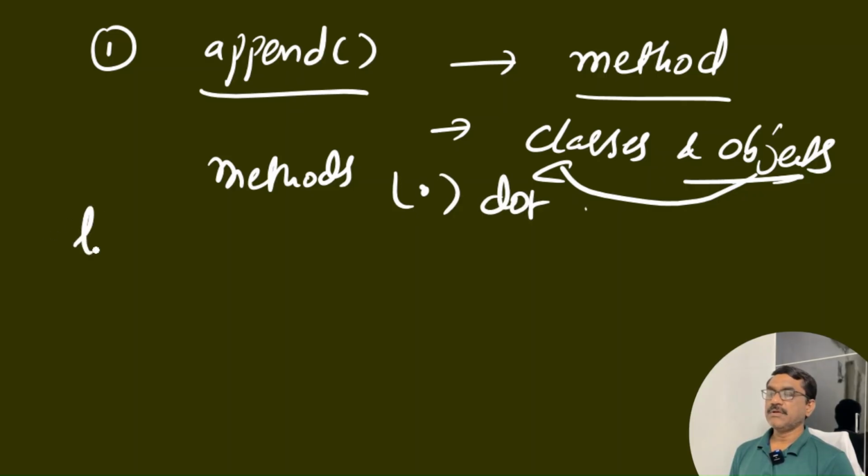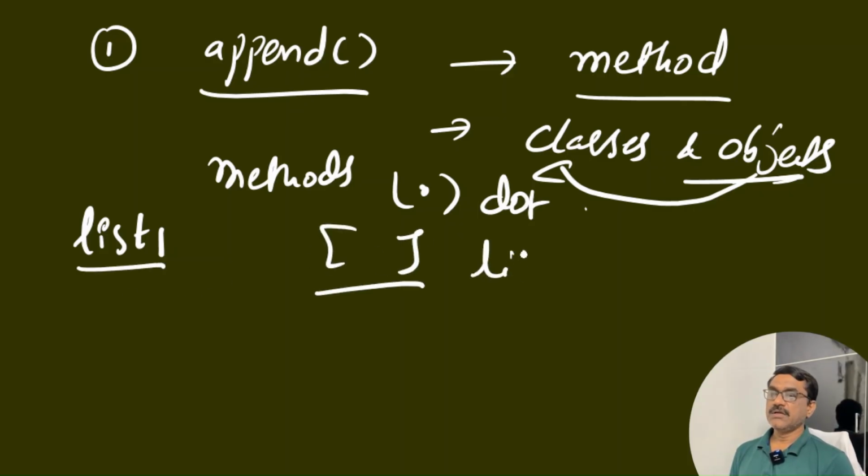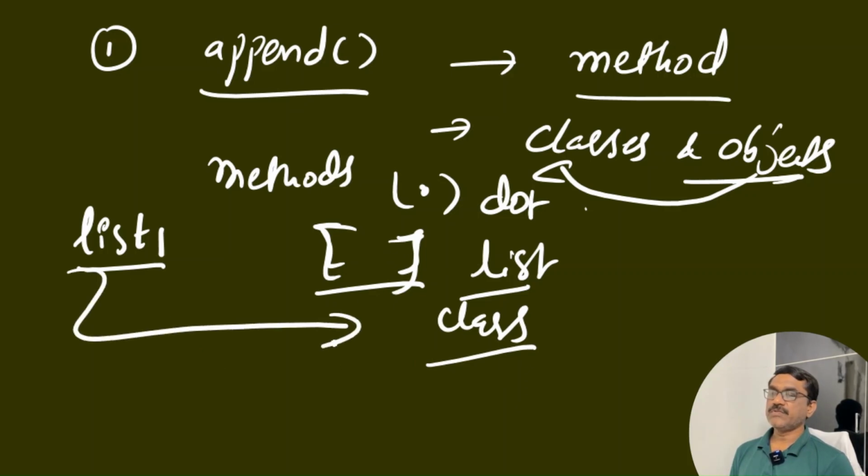For example, we are going to create the list1. List1 is the label given to a list. Here the list that is represented by the square brackets comes under the class, and the variable list1 which belongs to the class is known as the object. Now this list1 is going to use some methods, let's say append.